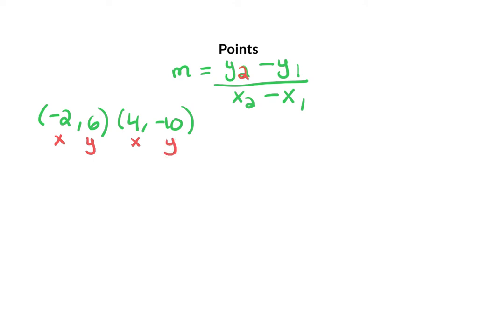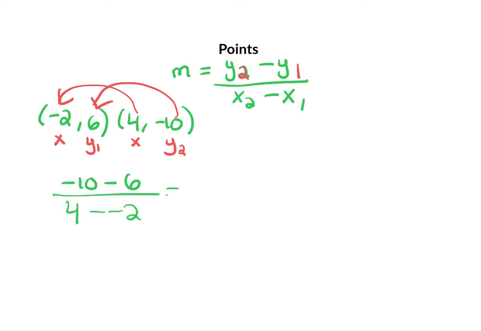This y2 and y1 is just the y from my second point and the y from my first point. And I need to find the change. So what is -10 minus 6? And then find the change in my x, 4 minus -2. If I simplify here, that's going to be -16 over 6. And then we always want to simplify fractions, so that's going to go down to -8 over 3.